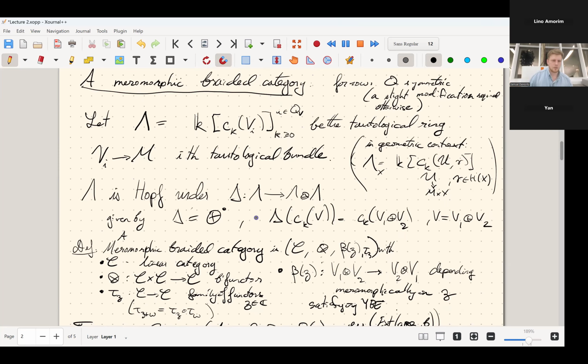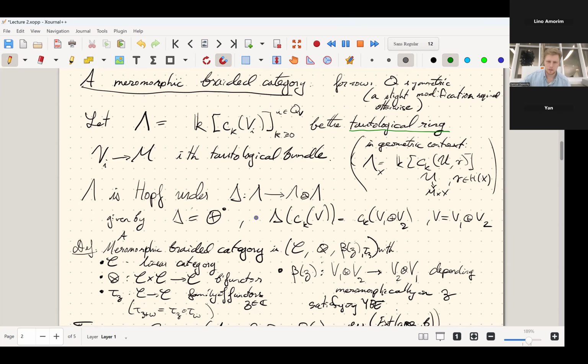So what's our category? Our category is going to be modules over a certain ring. That ring is this universal ring of tautological classes, which we call lambda, or the tautological ring. What is it? It's freely generated over a ground field, which is more or less just the complex numbers, by the Chern classes of the tautological bundles.